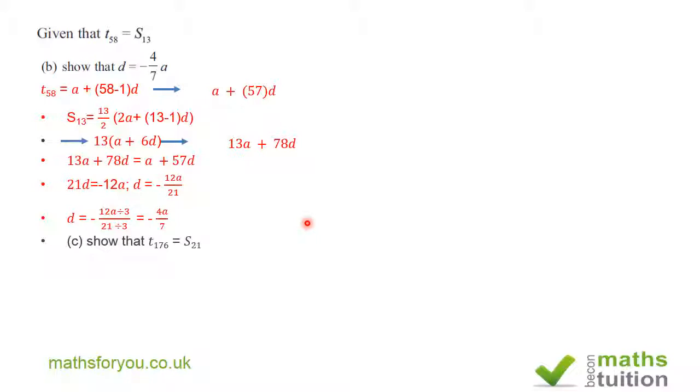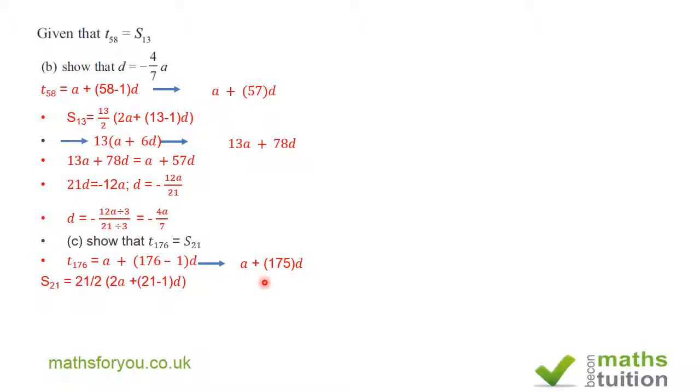Now, part C says show that t sub 176 is equal to s sub 21. So the 176th term is equal to the sum of the first 21 terms. Now, t sub 176 is a plus 176 minus 1 d, and when you simplify, that becomes a plus 175d.